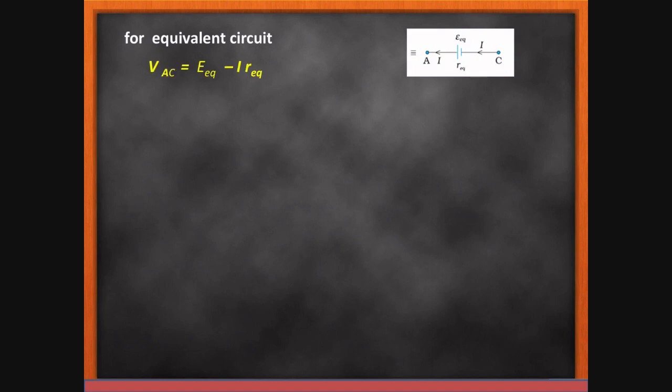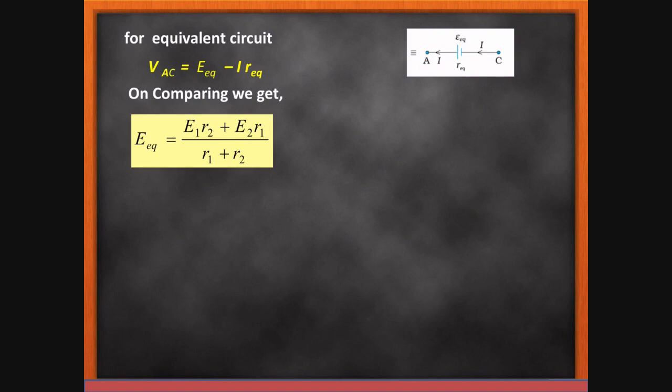For the equivalent circuit, if we write the equation, VAC is equal to E equivalent minus I R equivalent. If we compare the two equations, we get the E equivalent of a parallel combination of two cells equal to (E1 R2 plus E2 R1) upon (R1 plus R2), and R equivalent as R1 R2 upon (R1 plus R2).